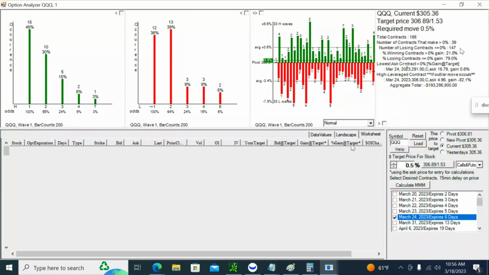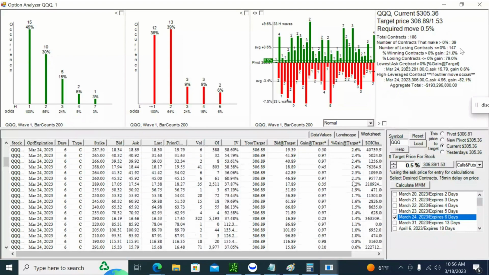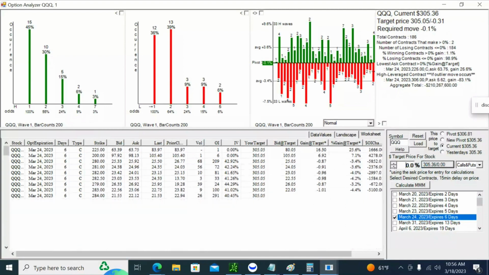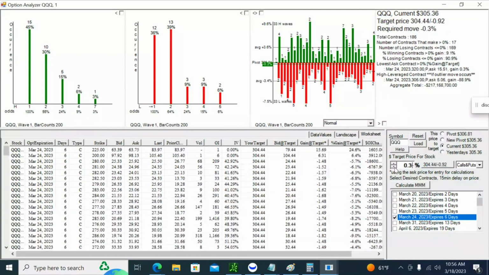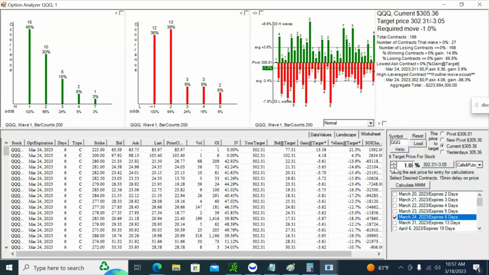Then to see them, I can once again click percent gain at target, and you can see how anemic they are. If they do have a gain, it's very small. We can do the same thing for the downside. 15.